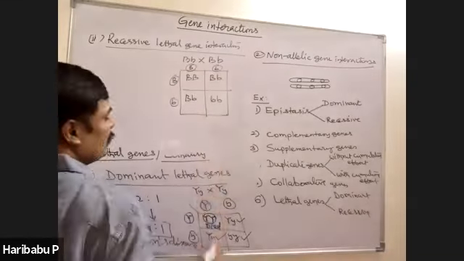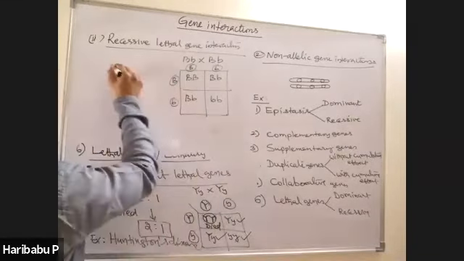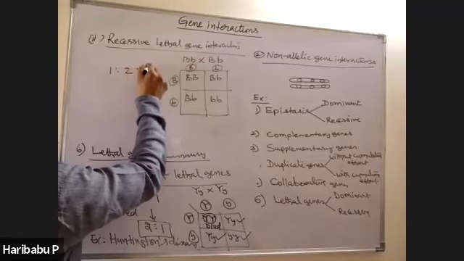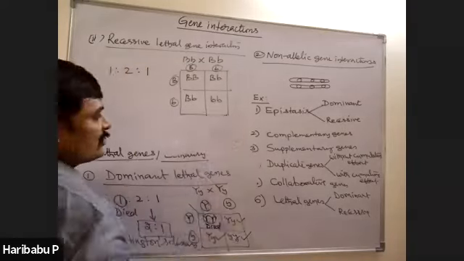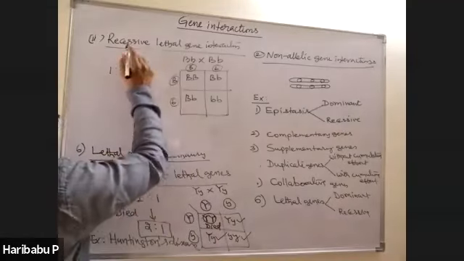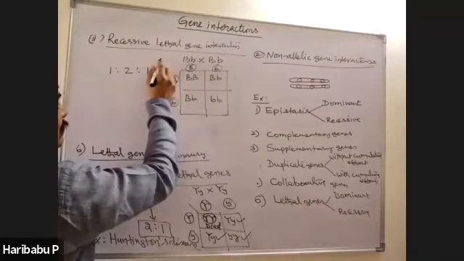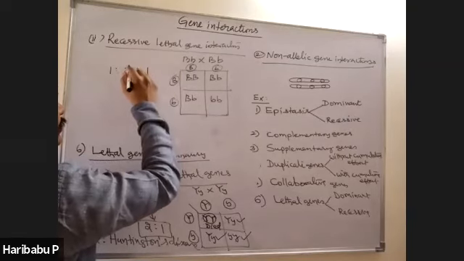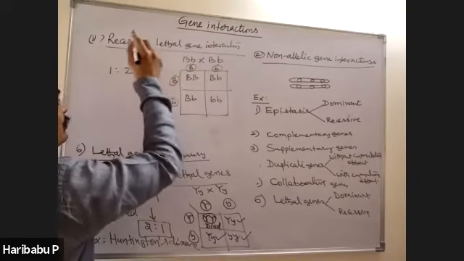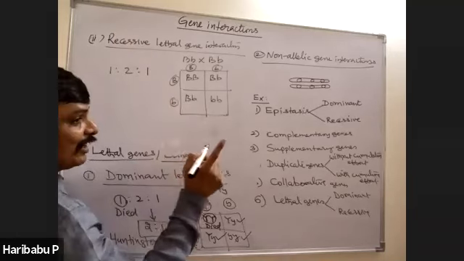Among these four organisms, which will die in recessive lethal gene interaction? The organism having genes in homozygous recessive condition will not survive.